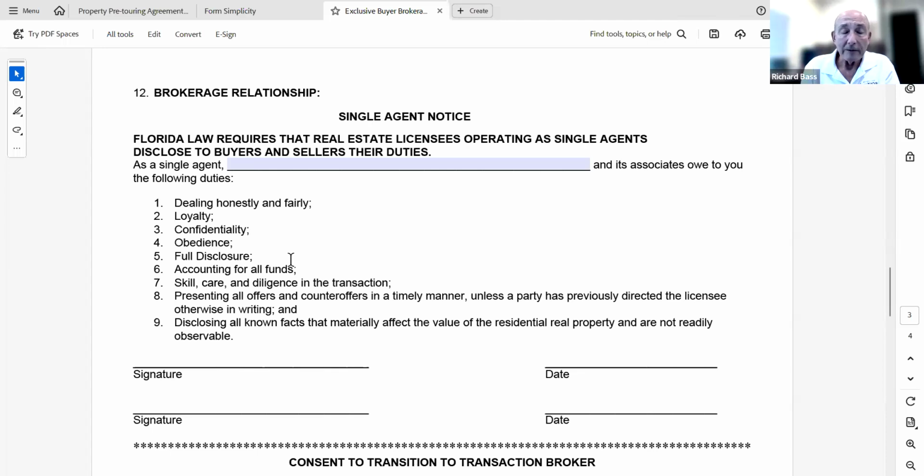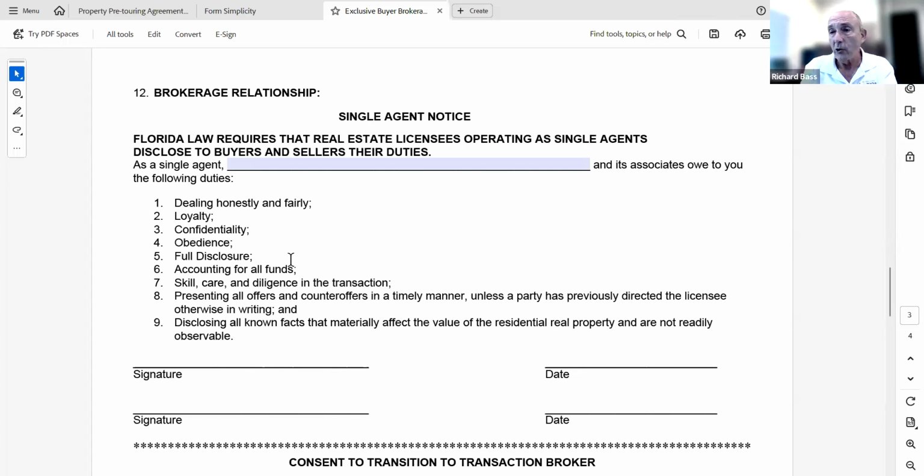So if I find out that the seller's getting divorced and they need to sell this home, we're going to talk about that because that gives us a little bit of leverage when we're negotiating. Okay? If I find out that the seller has a terminal illness and they need to be under contract, we're going to talk about that.